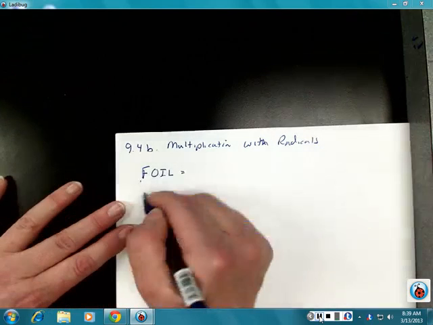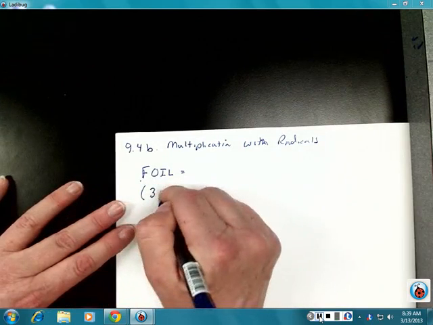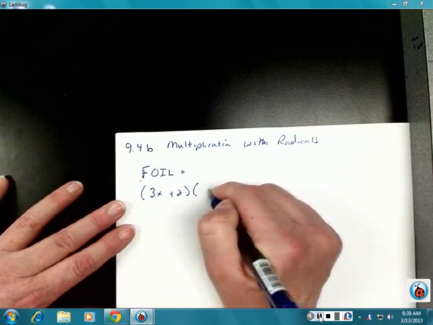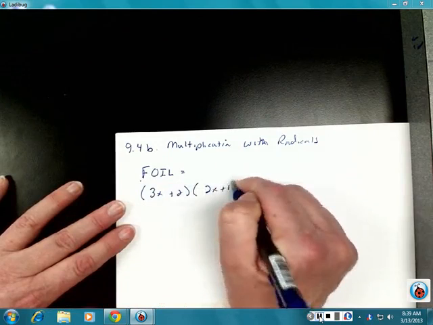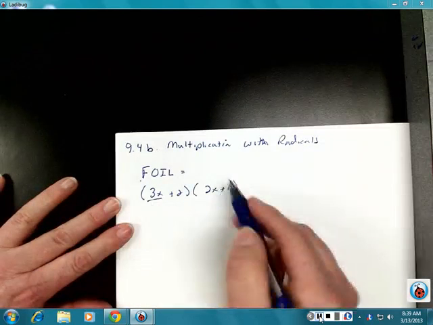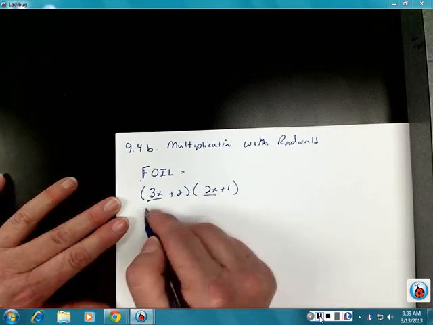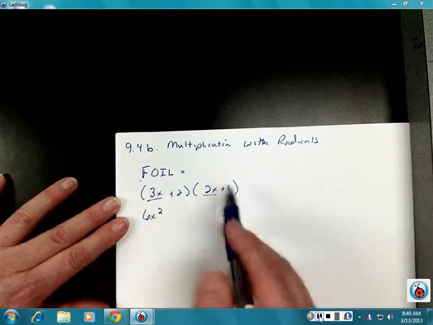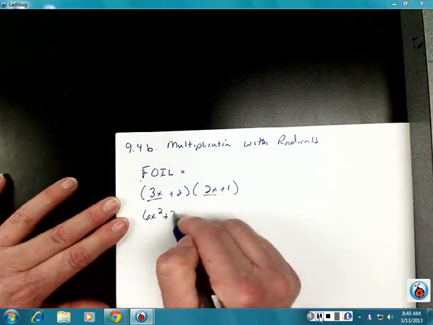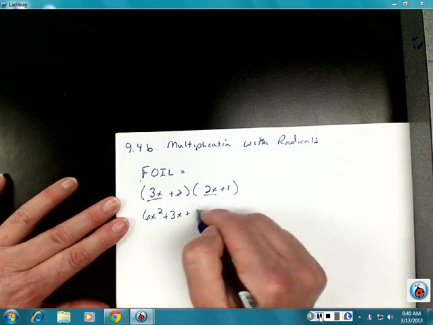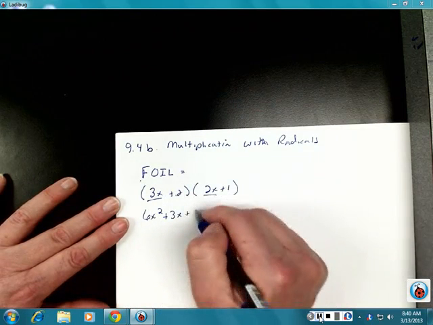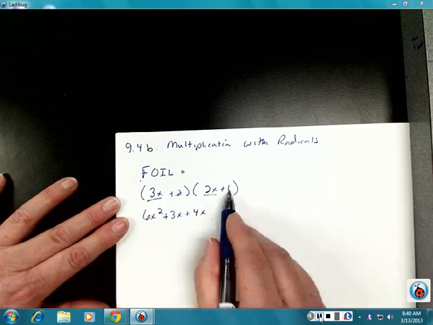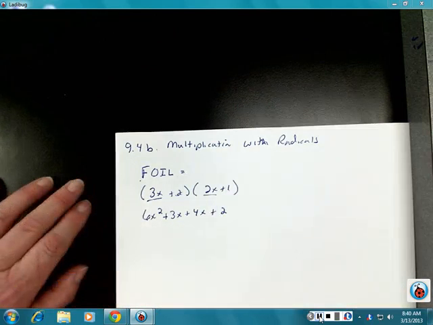And so if we review that and we have 3x plus 2 times 2x plus 1, we just simply put 3x times 2x and ended up with 6x squared. 3x times 1 is a plus 3x. 2 times 2x is a plus 4x. And 2 times 1 is a plus 2.